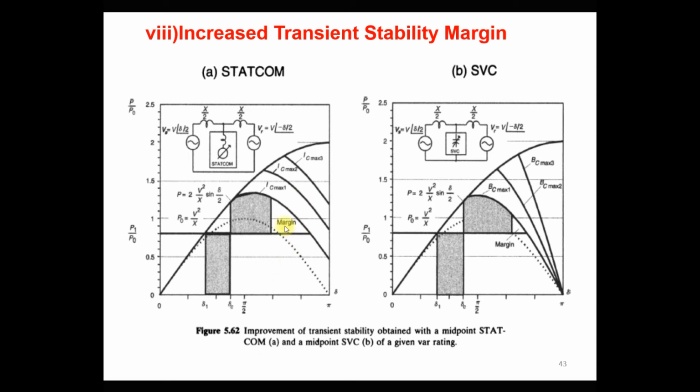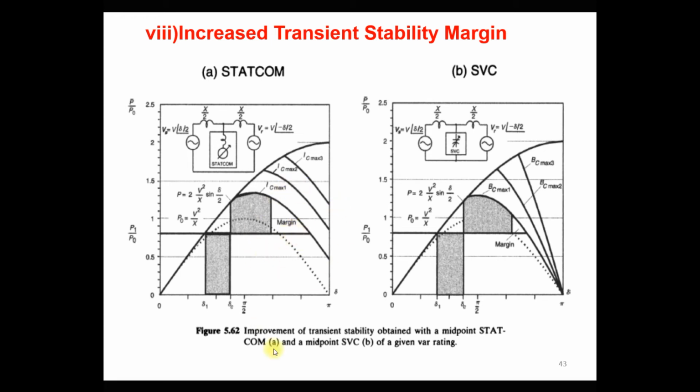After this, you can see that there are certain margins for stability. This is the stability margin. This area is called the stability margin. If this area is very small, that means the transient stability margin is less, which means your system is less stable.